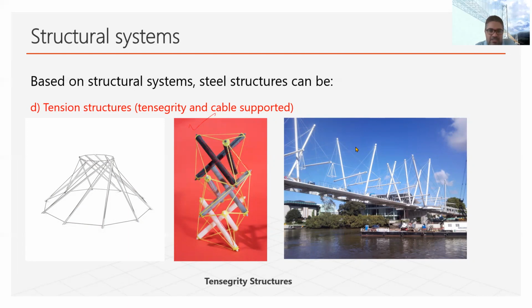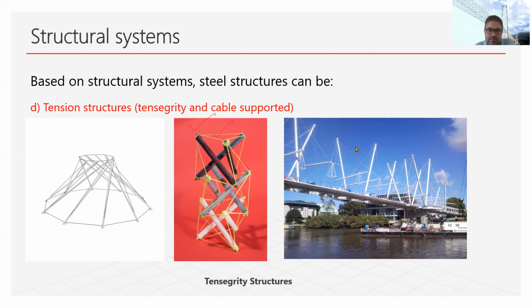So the tensegrity structure is composed of two members: the tensile member, which may be a cable or any string, and the struts or posts, which carry the compression force.